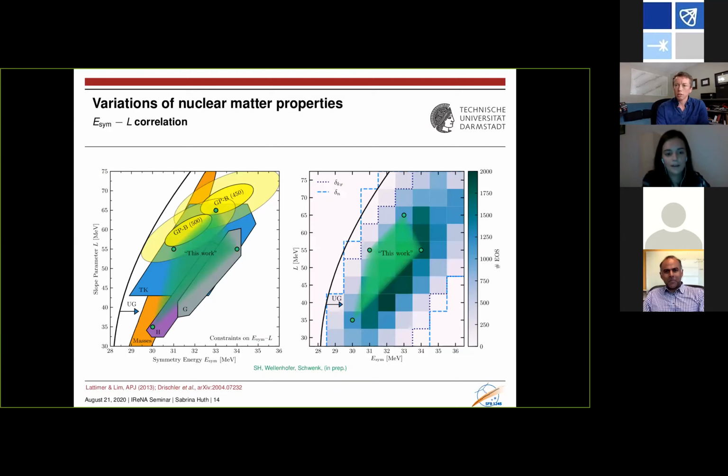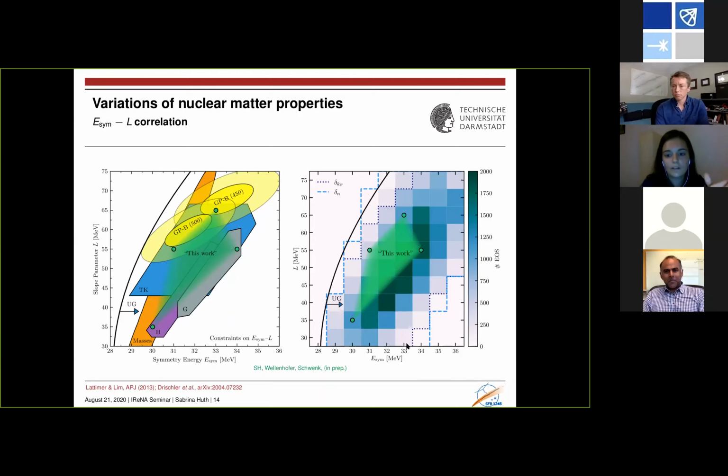Right, so we wanted to use 4 points. We didn't want to use 10 or 12 or whatever. This would just be too much, but we basically looked at both plots. So here you have the uncertainties from theory, and here you see how many EOS are consistent with the constraints.